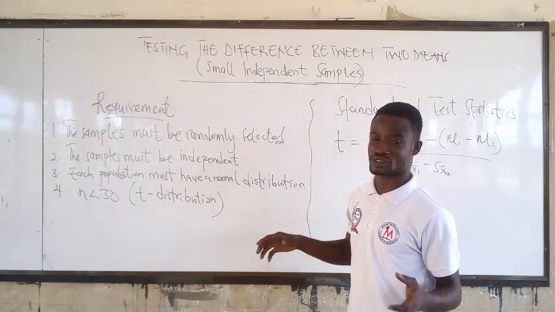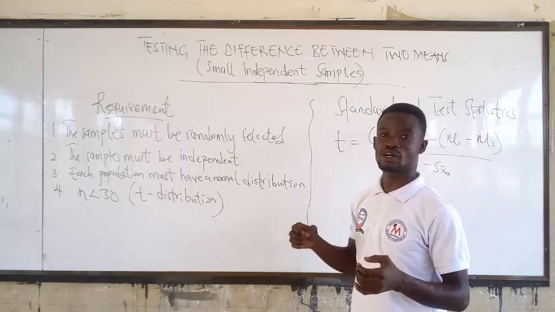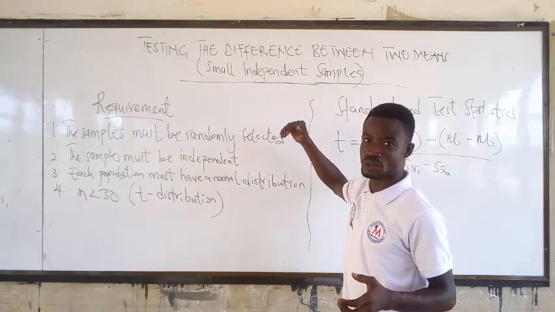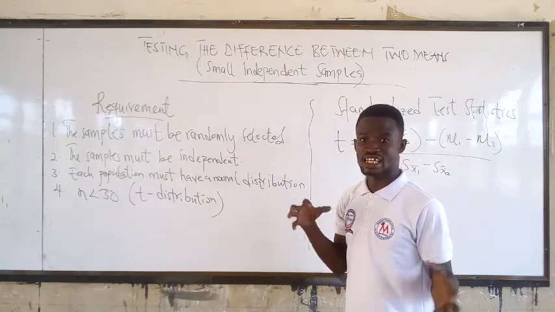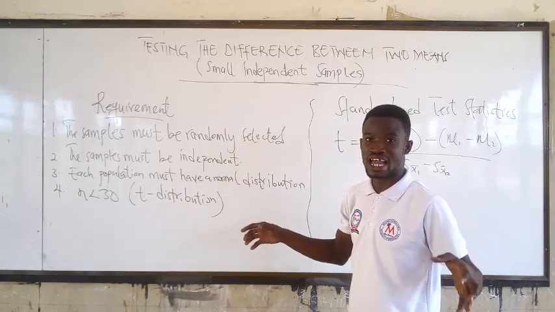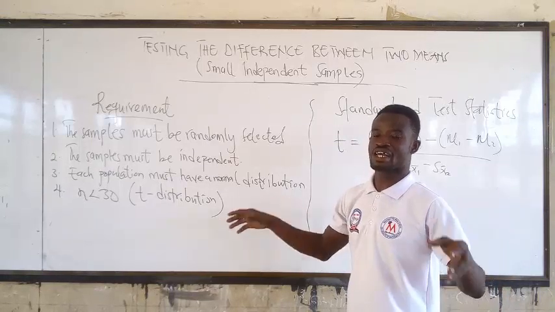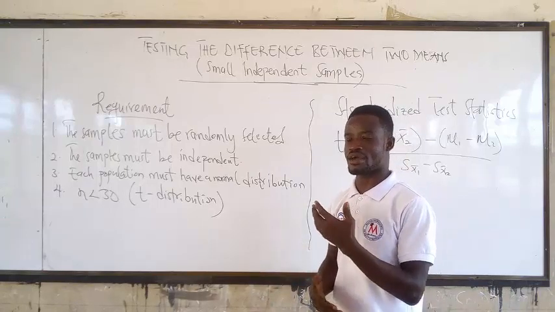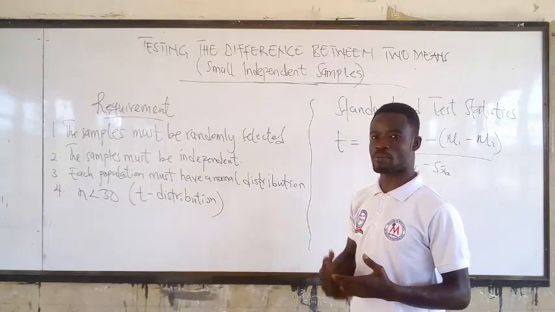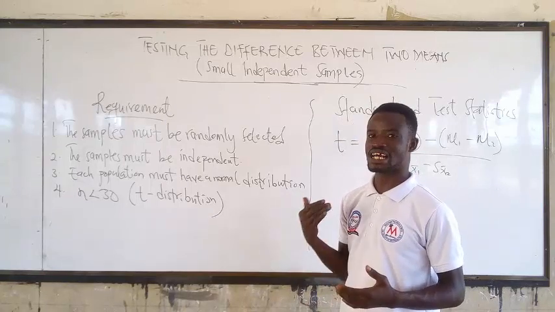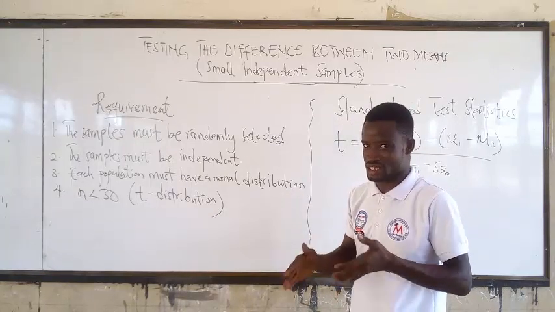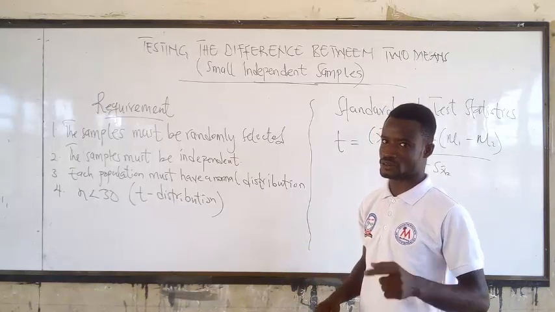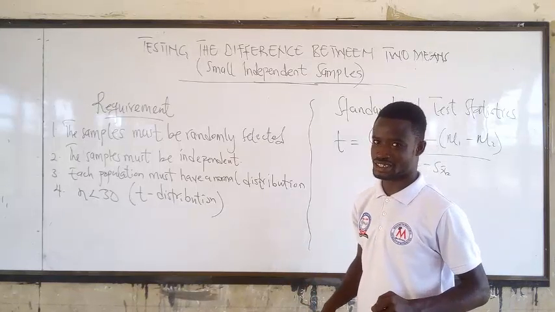Here too, we are going to look at a small independent sample. So you can see that in both cases, the samples are all independent. But we have the case where the sample size is large and the case where the sample size is small. So they are not the same, please. They are not the same. So that's what we are going to look at now. So watch out for it and you will have it.